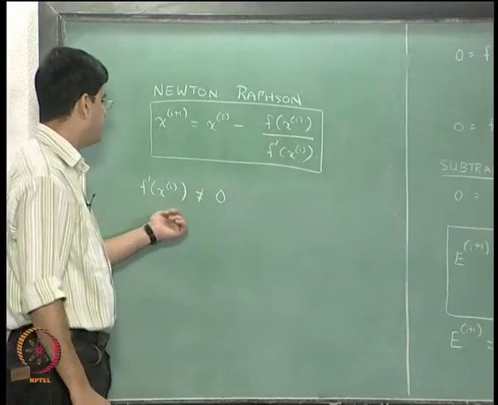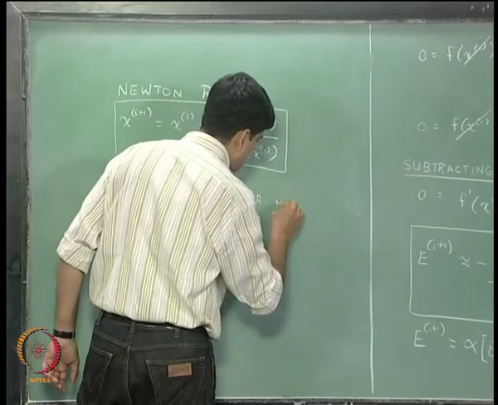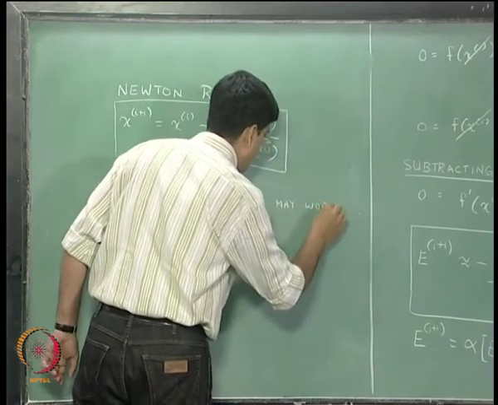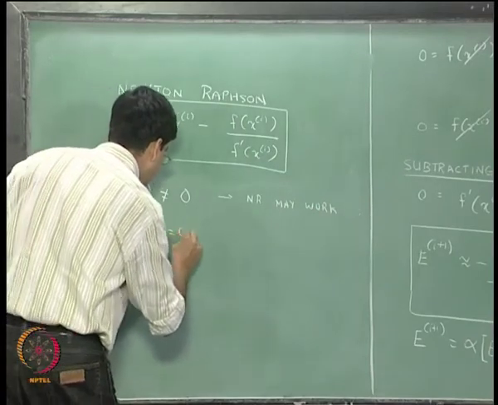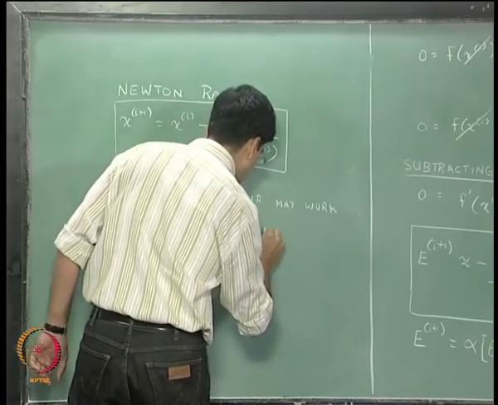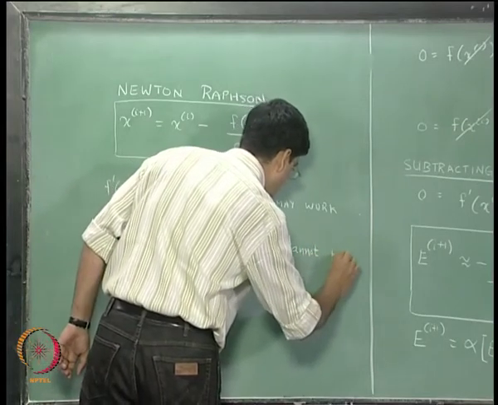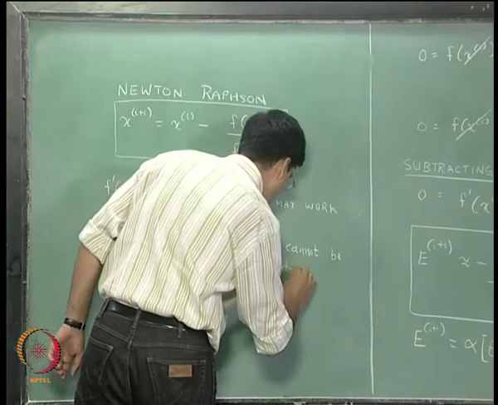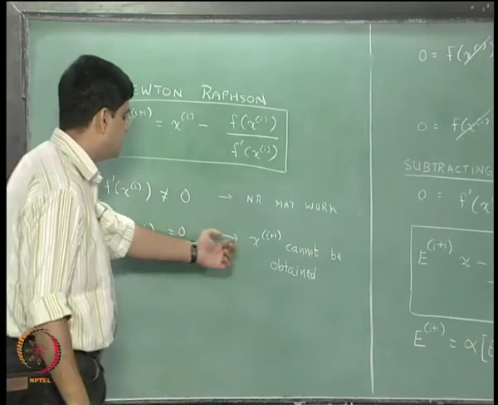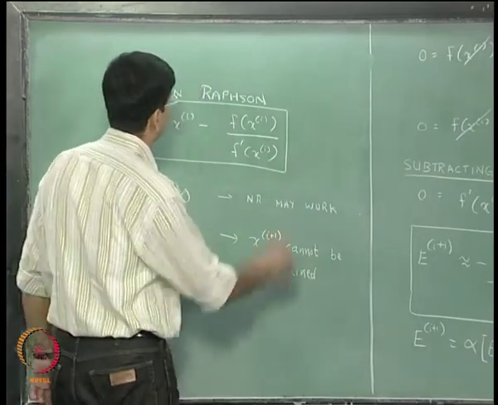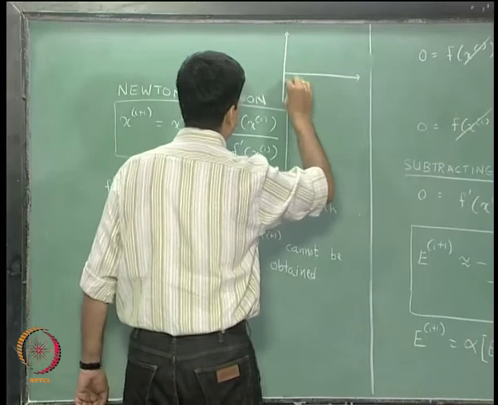However, if f dash of x is indeed equal to 0, that is, when f dash of xi is equal to 0, you cannot obtain x of i plus 1.